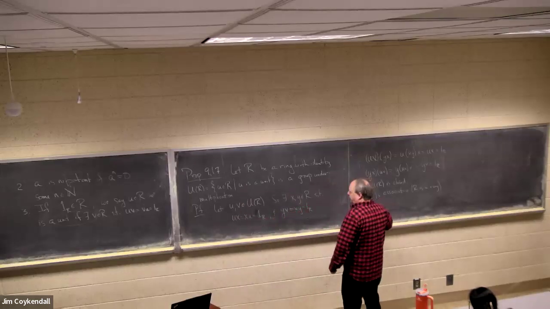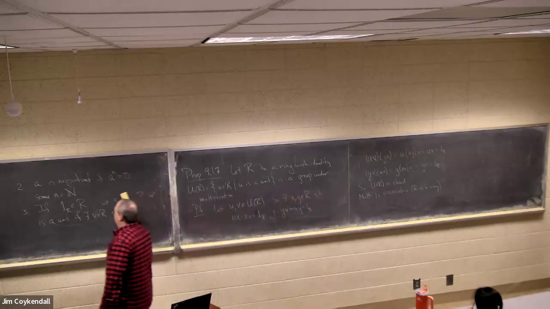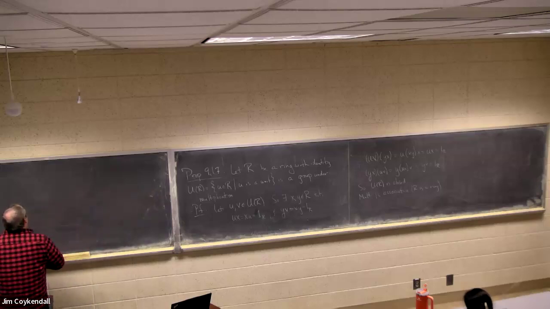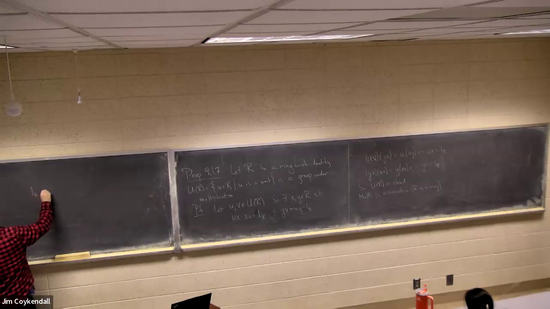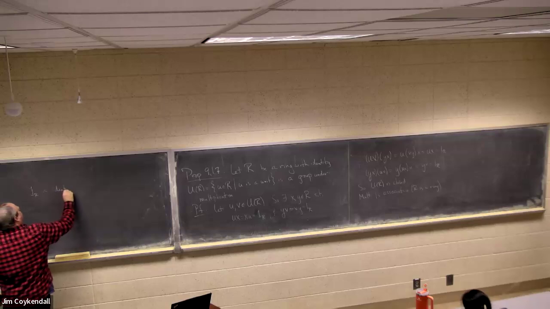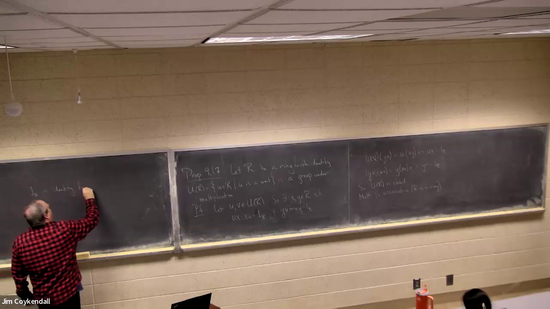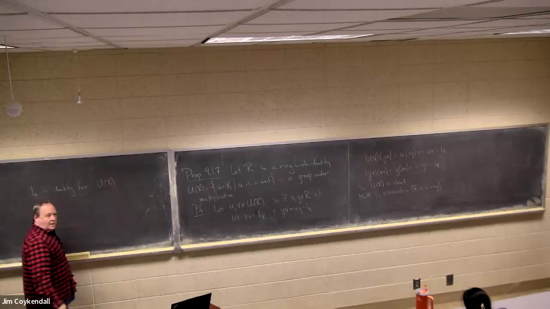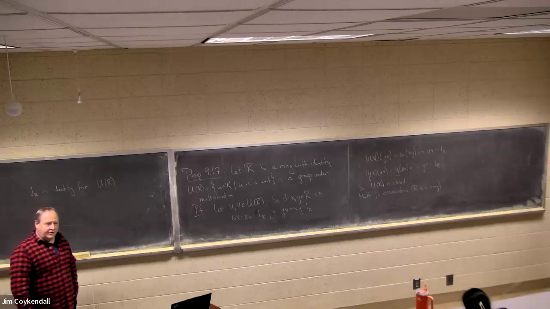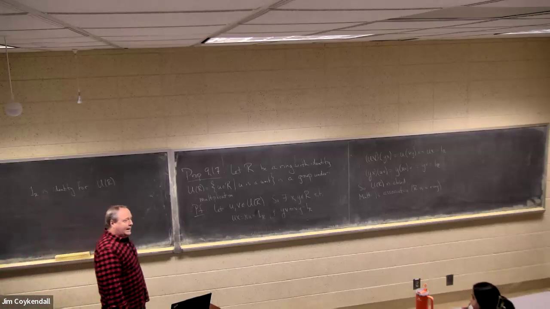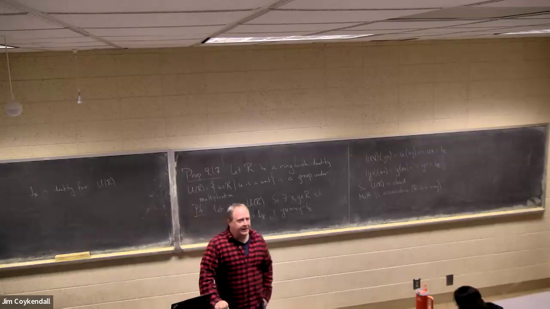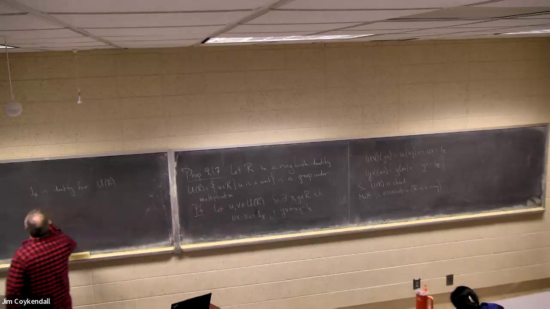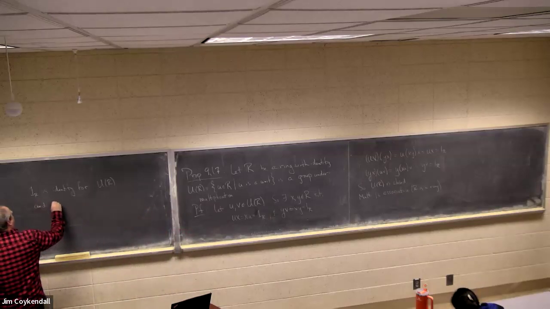Don't worry about that. 1_R is the identity for units. 1_R is of course a unit because its inverse is itself, and it is the identity of the ring, so it functions as the identity here.